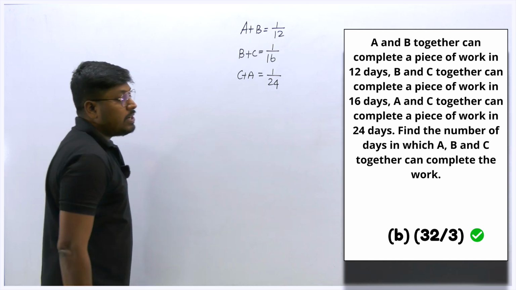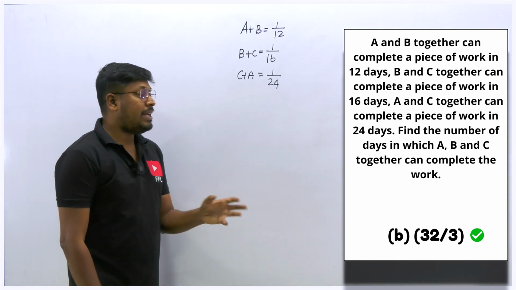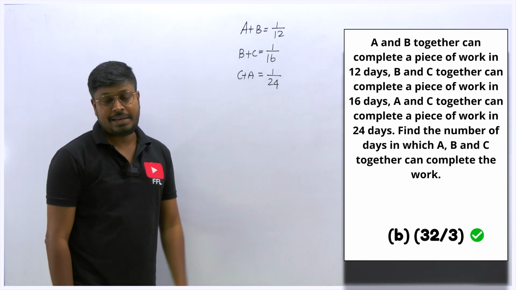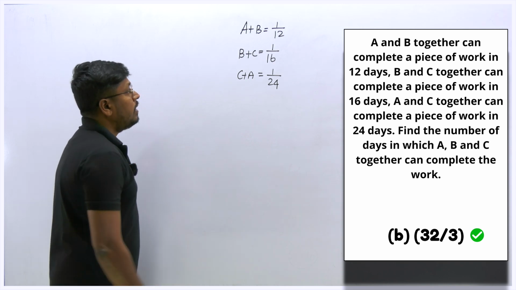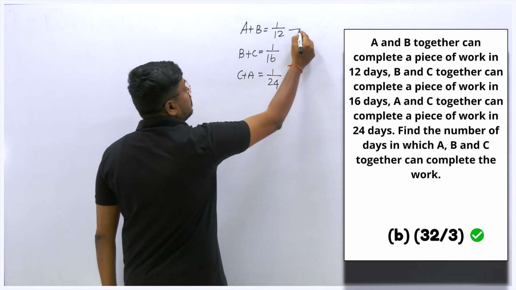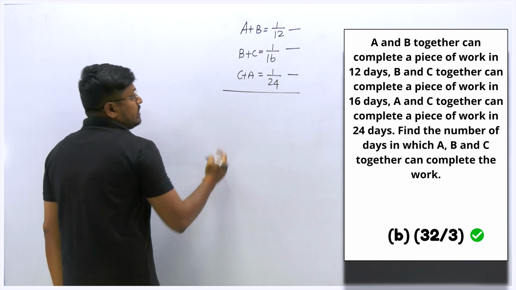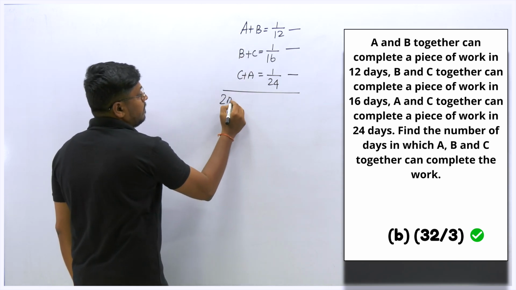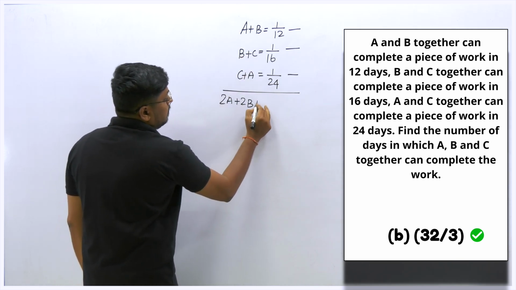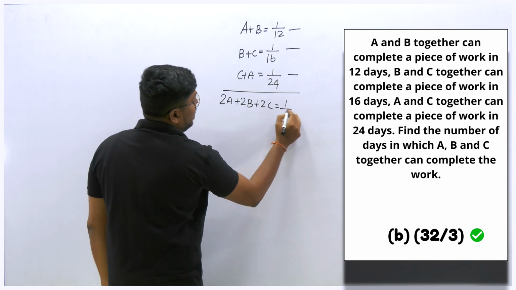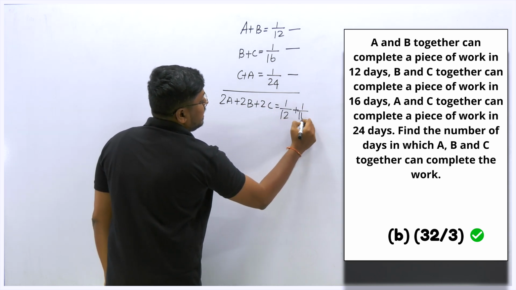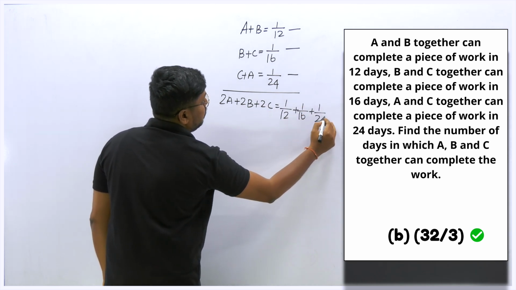Now our target is to find how many days it takes if all 3 persons are working together. We can consider these as equations 1, 2, 3 and add all three. The result will be 2a plus 2b plus 2c is equal to 1 by 12 plus 1 by 16 plus 1 by 24, right?